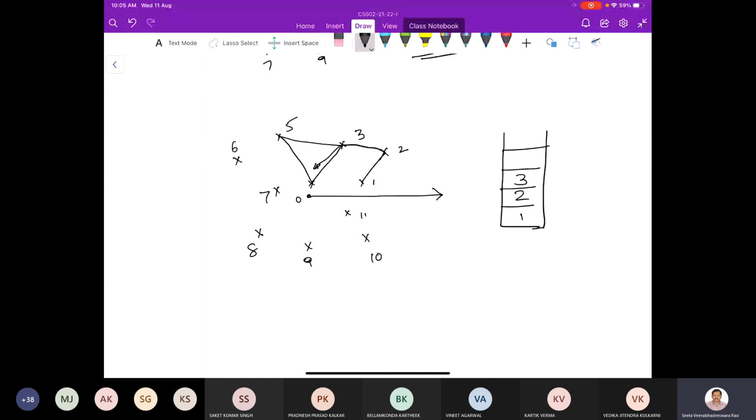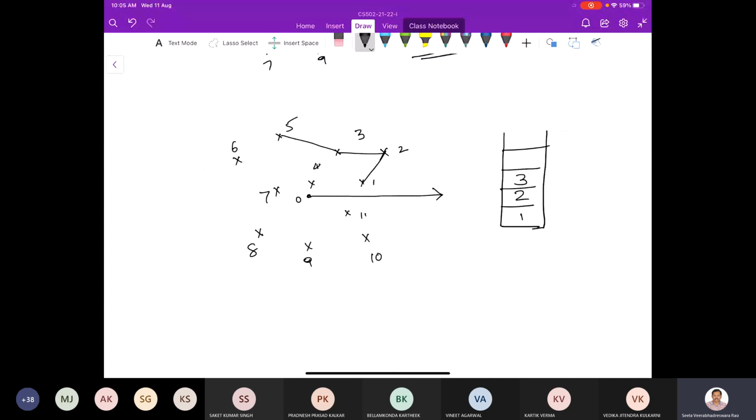So 3 also can't be on the stack, and 3 also can't be on this convex hull.